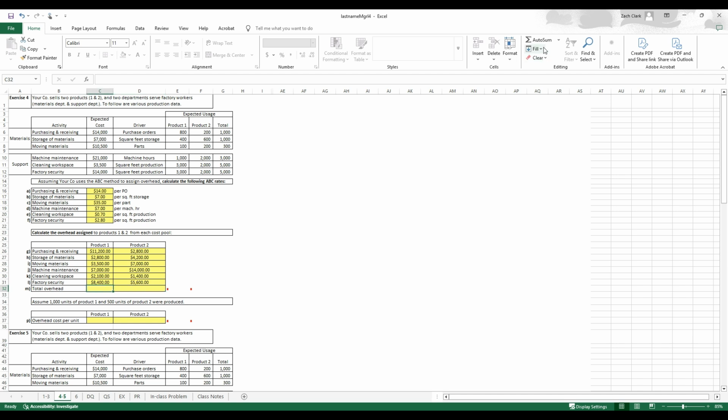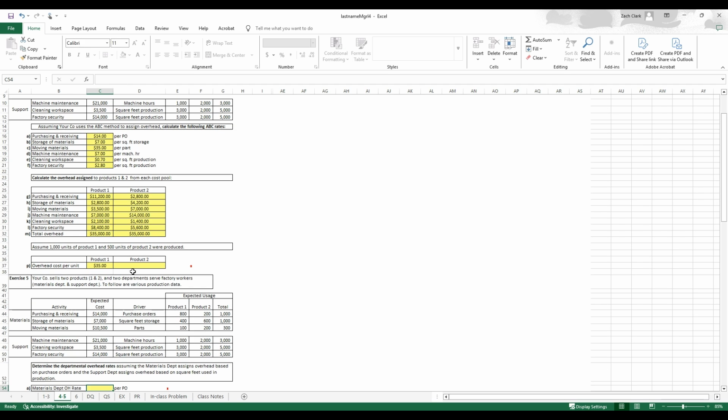And then our total overhead, we're just going to add those up for each, and it actually splits out evenly, 70,000 or 35,000 to each product. And then we take our total costs divided by the assumed units of production. So we assume 1,000 units of product 1, and we take our total cost divided by 1,000, and 500 of product 2.